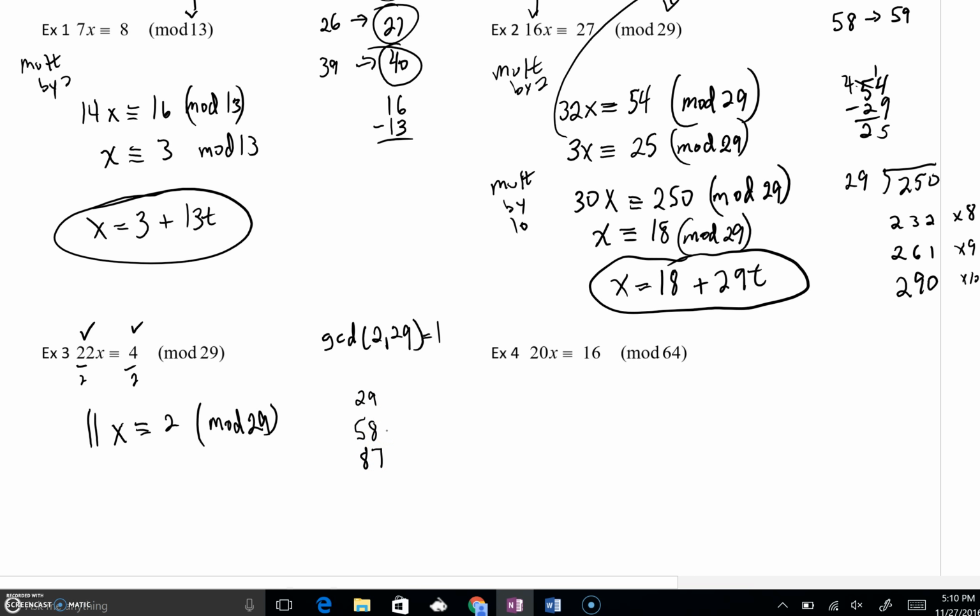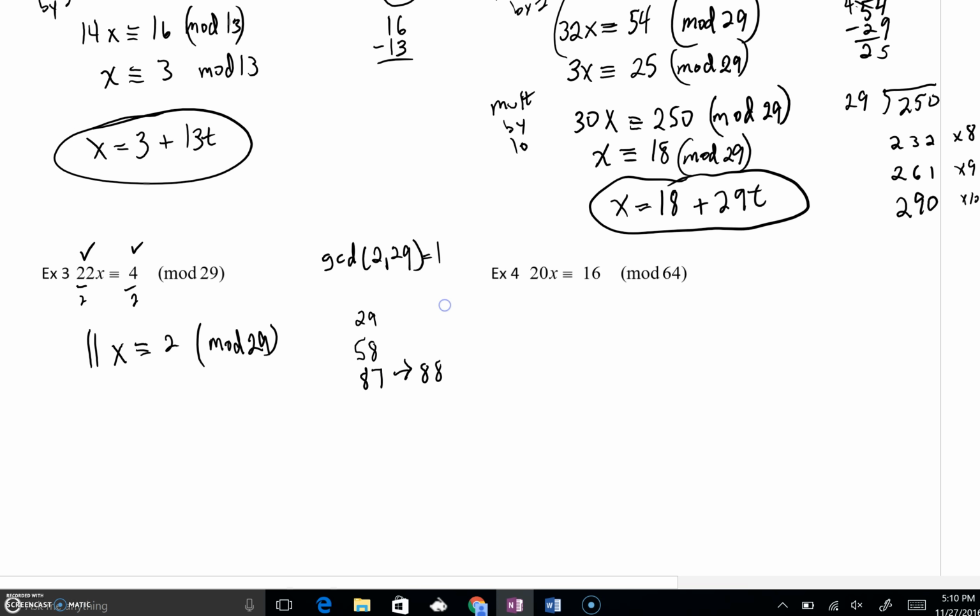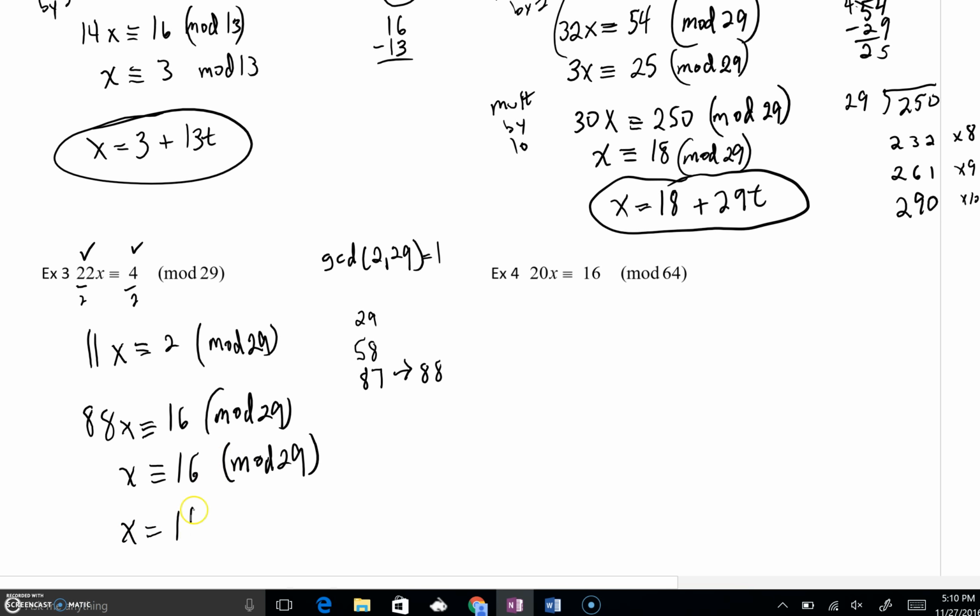That's 29 times 3. But look, if you were to go one step higher, that's 88. That is actually where we want to go. I'm going to multiply both sides by 8. And here we'll get 16. And wonderfully, this just becomes a 1x. And we're done. So wonderful to get to this point. X would be 16 plus 29t.